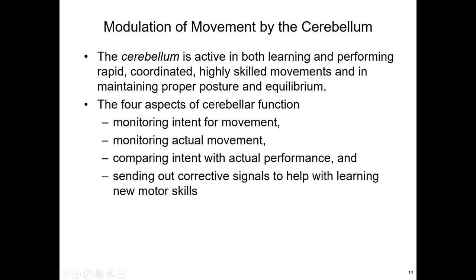So it can monitor actual movement. The big achievement of the cerebellum is that it compares the intent with the actual situation on the ground, and it can change the directions from the precentral gyrus. So the cerebellum is essential because of these abilities to maintain automated movements.